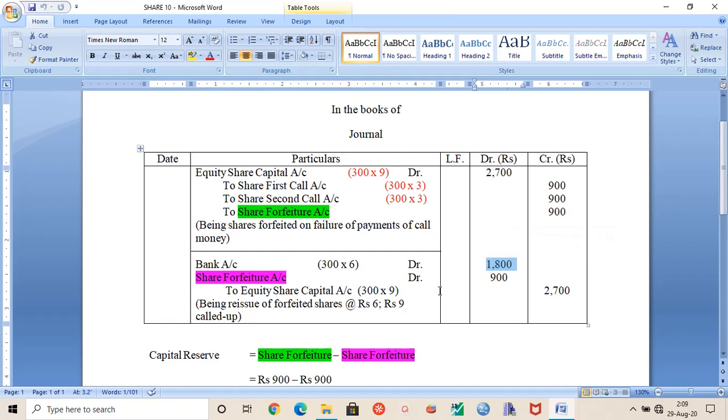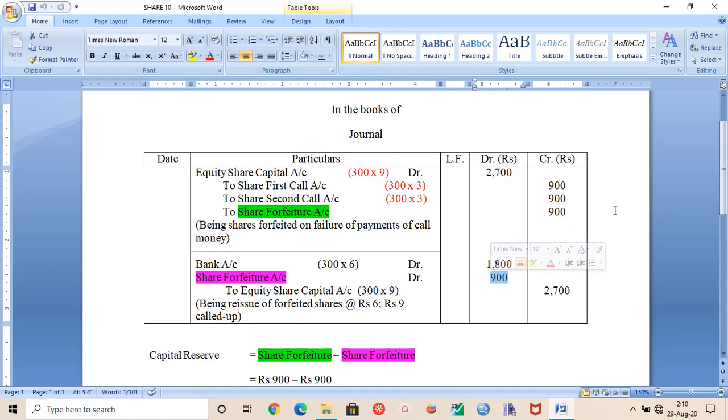So how do we balance this? That balance should be made by share forfeiture. Here on the credit side, share forfeiture account is 900, and on the debit side we have 900. So from here we get the profit.